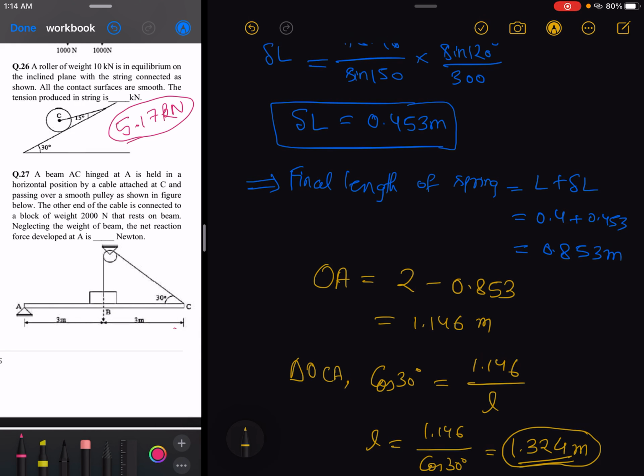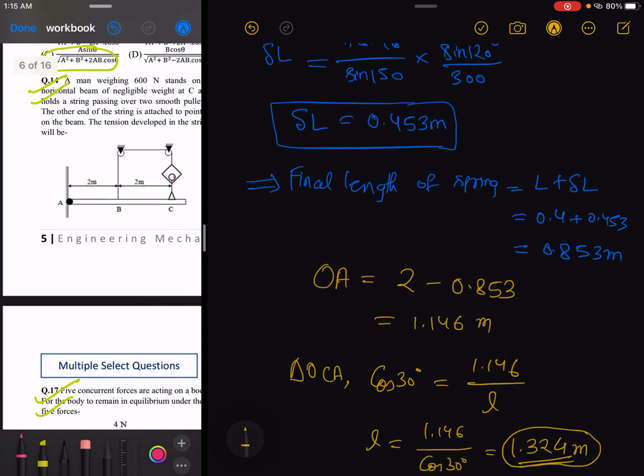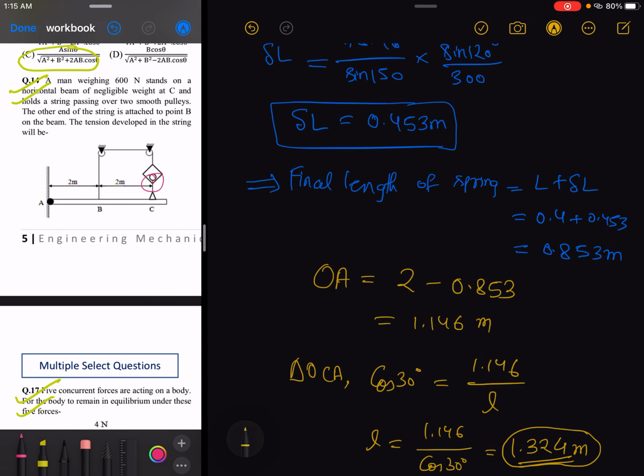In this case, this block can be assumed as a man standing, as in the previous case. But there the other portion of the string is perfectly vertical, meaning this angle is 90 degree. So we considered only the reaction developed at A along this direction, because there is no force in the horizontal direction, so we considered only the vertical reaction at point A.